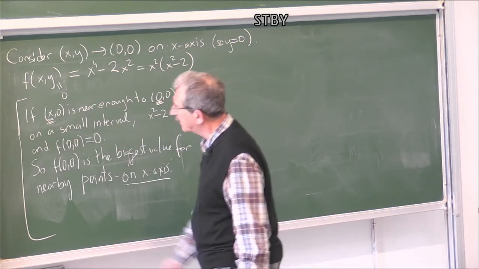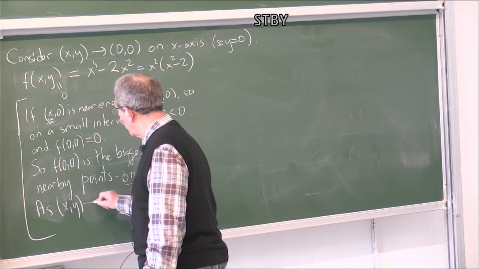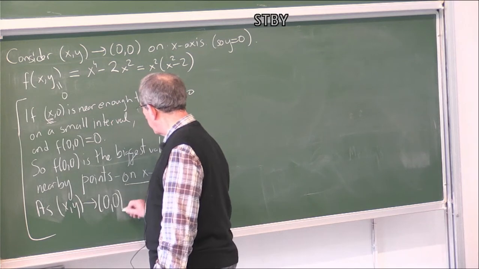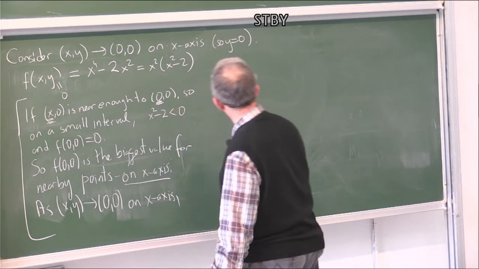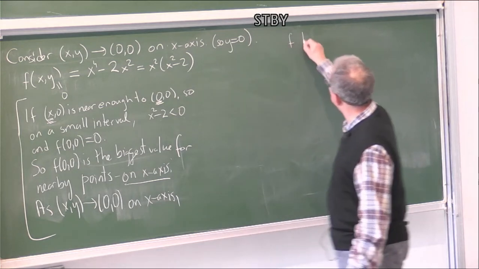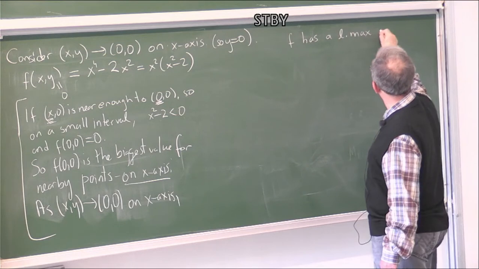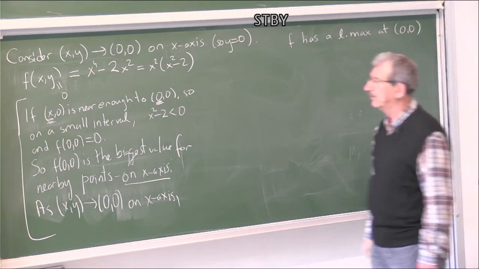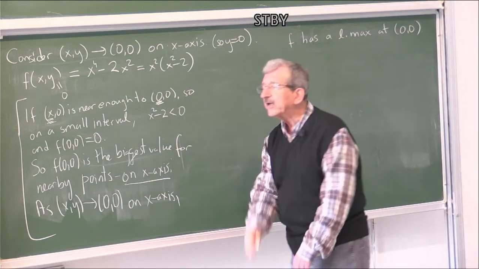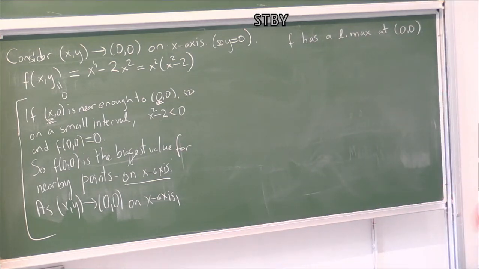It tells us that as (x, y) moves to (0, 0) on the x-axis, f has a local maximum at (0, 0). Because all the other values are negative, this is the biggest value. So it's a local maximum.